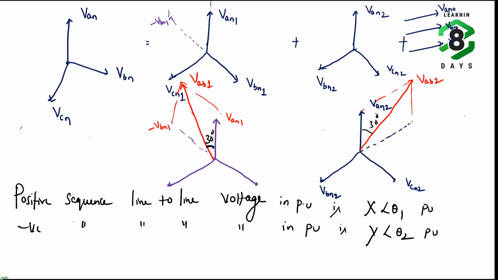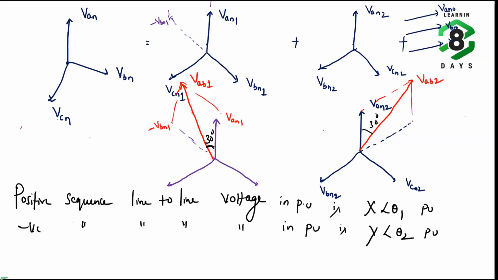In per unit system, when you convert the actual values in per unit, what is the base voltage you will take for line to line voltage? For line to line voltage, you will take the base voltage also line to line voltage. For phase to neutral voltage, your base value will also be phase to neutral voltage. So there is no root 3 factor in per unit between phase voltages and line voltages.